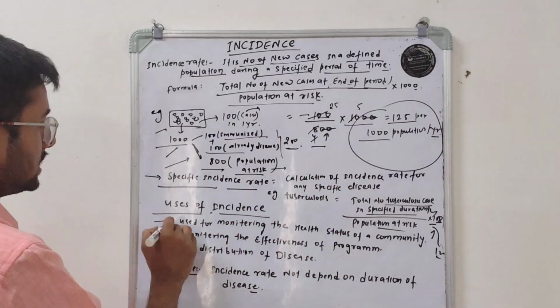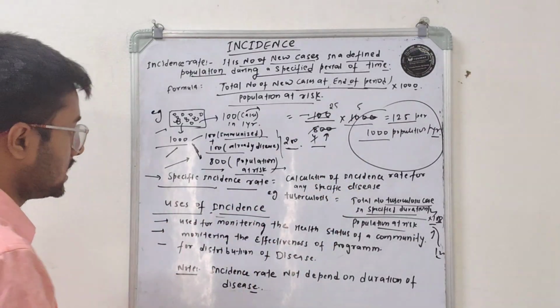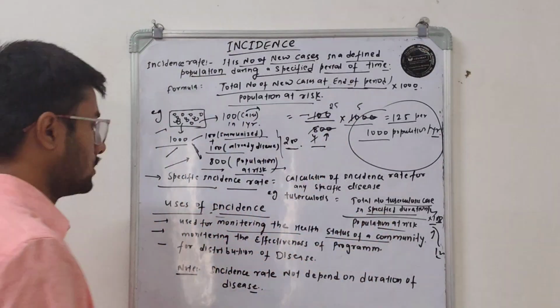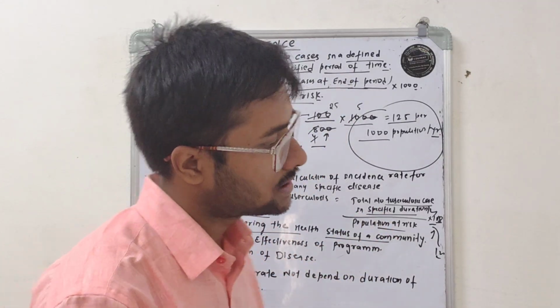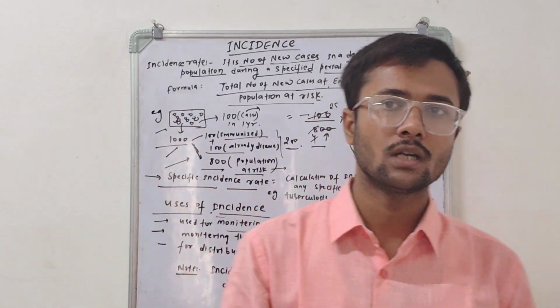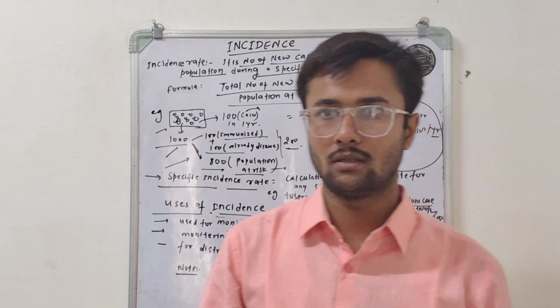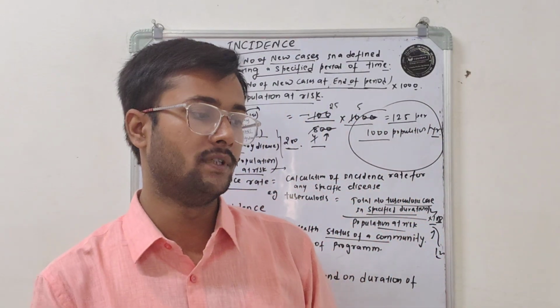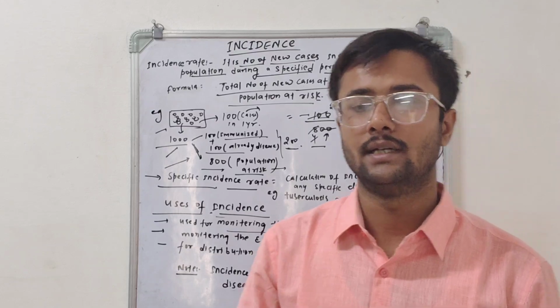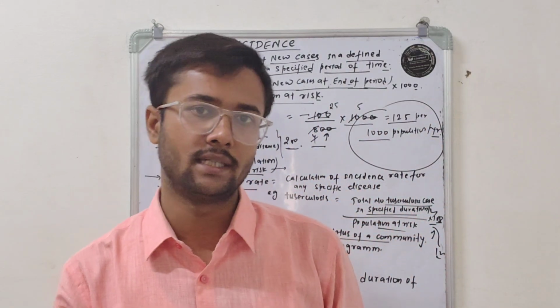Now what are the uses of incidence rate? The first use is for monitoring the health status of the community. With the help of this incidence rate data, we can monitor which diseases are more common in our community, and which disease is decreasing or increasing.